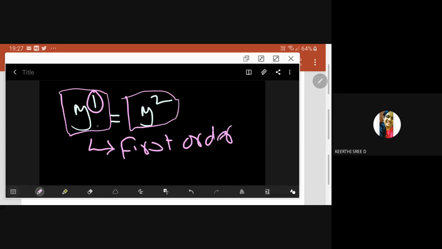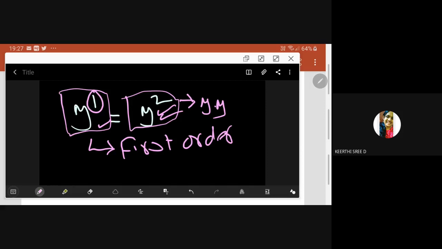The first term has one and only one instance of y, that is y dash. On the other hand, this term has 2 instances. How can you count the 2 instances? Here a term means a product. So y square can be viewed as y into y. A term is a product of things.